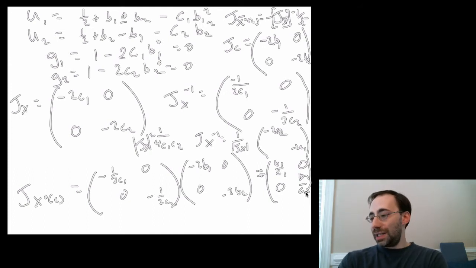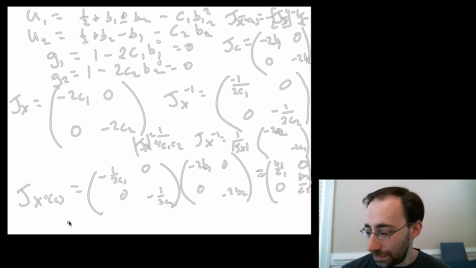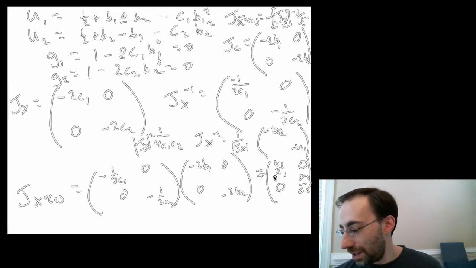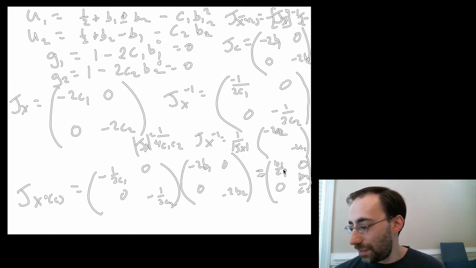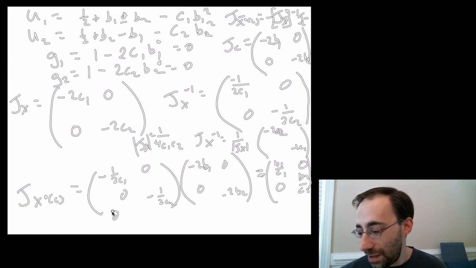So what it says is that, assuming the B's are positive, remember what the Jacobian is. The first row is the derivative of here B star, I guess, 1 with respect to C1 and C2.